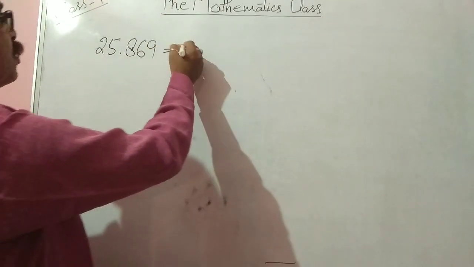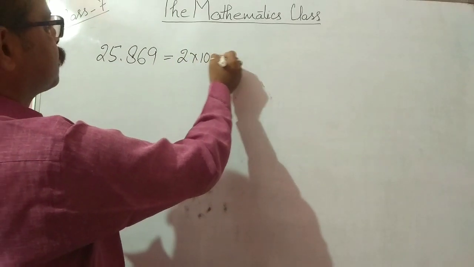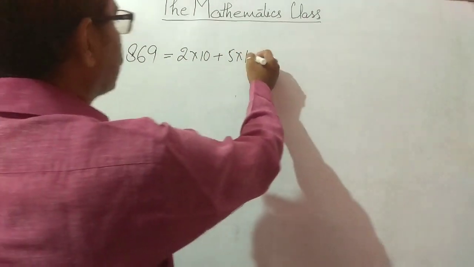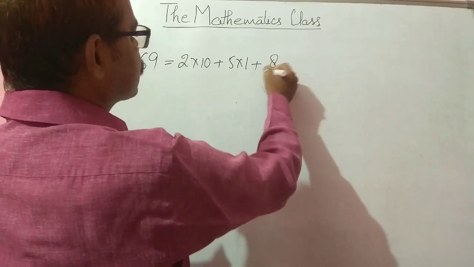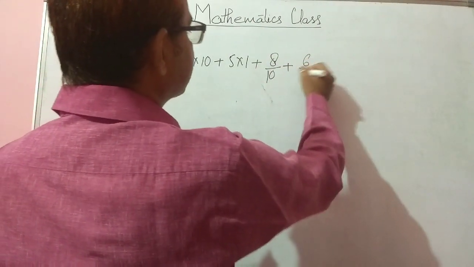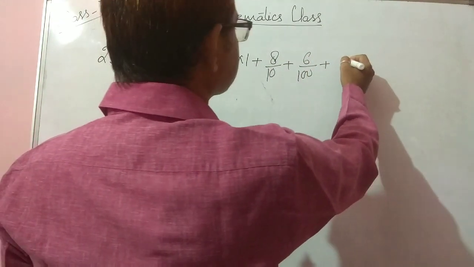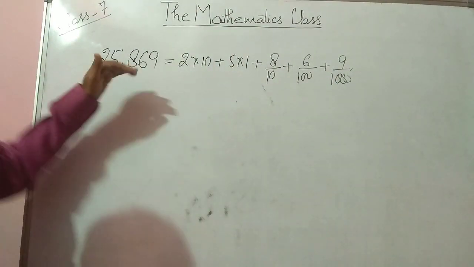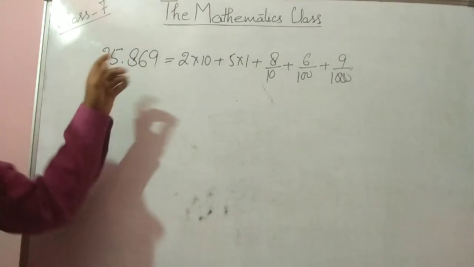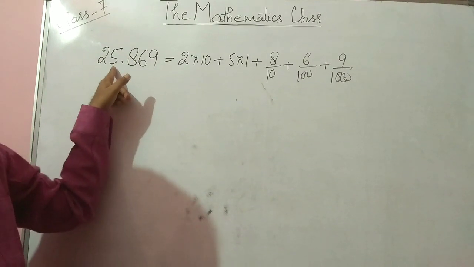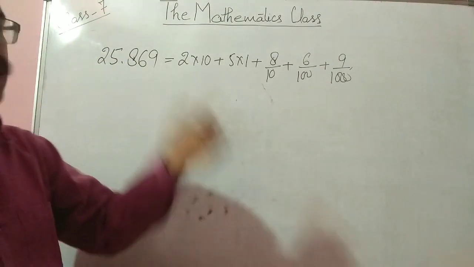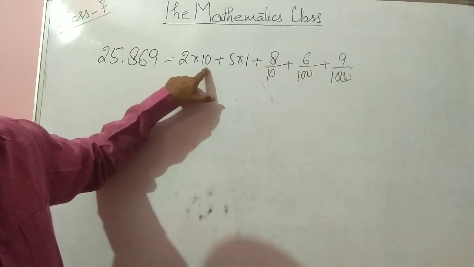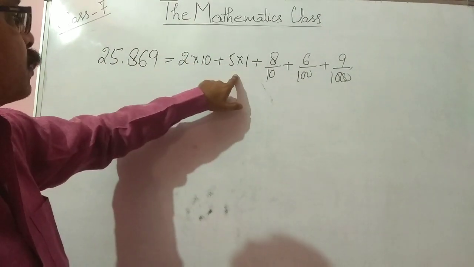It means 2 into 10 plus 5 into 1 plus 8 upon 10 plus 6 upon 100 plus 9 upon 1000. If you expand this number, 25 can be written as 20 plus 5. 20 can be written as 2 into 10, and 5 means 5 into 1.